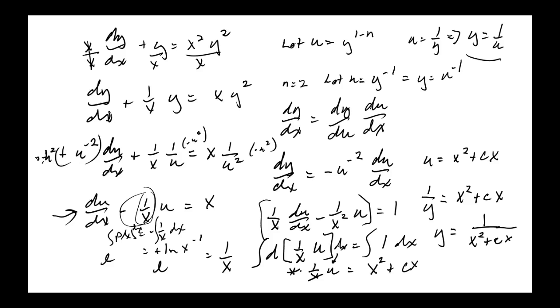Because you have a 1 over x du dx minus 1 over. Yeah. Well, no, but I put x to the minus 1. That's what made it 1 over x. Okay. Oh, but it's there. Wait. You're right. It's right there, but where did that come from?